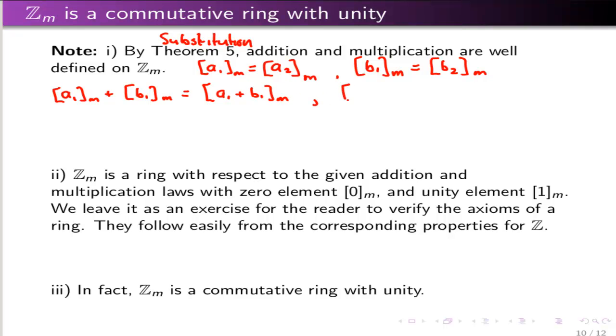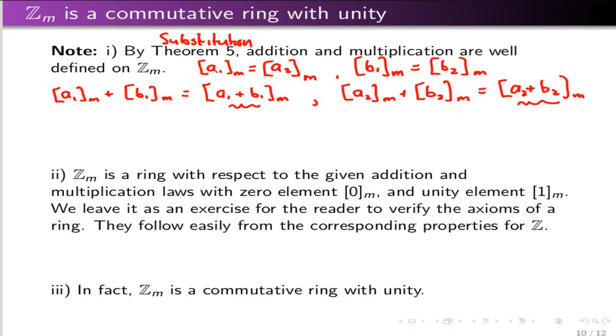But if I want to look at a2 plus b2, the definition tells me, well, that's a2 plus b2. So it looks like I'm getting potentially two different answers coming out. So I'm adding the same two residue classes, and yet the definition's telling me to look at two different answers here. But what do we know?